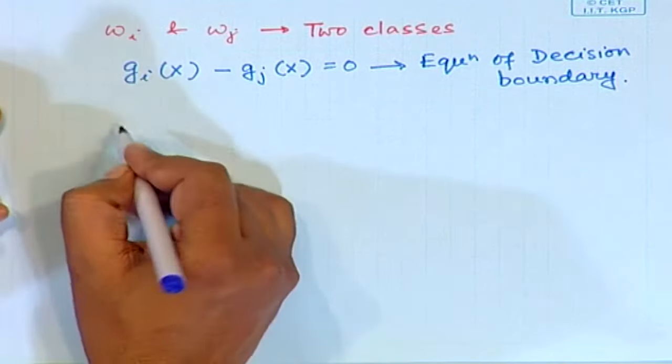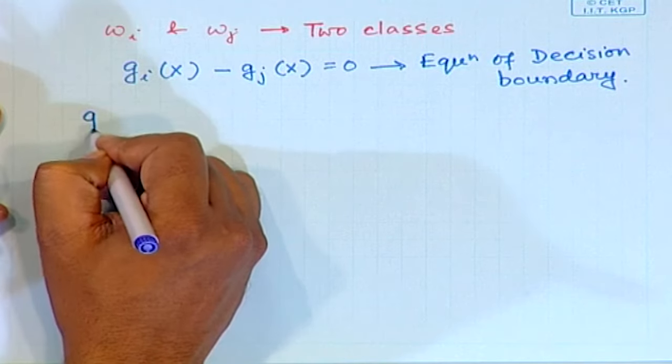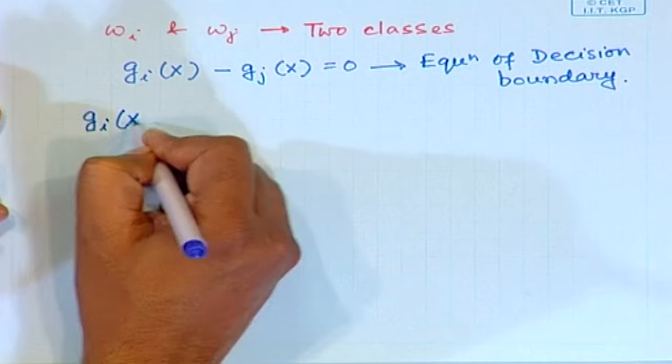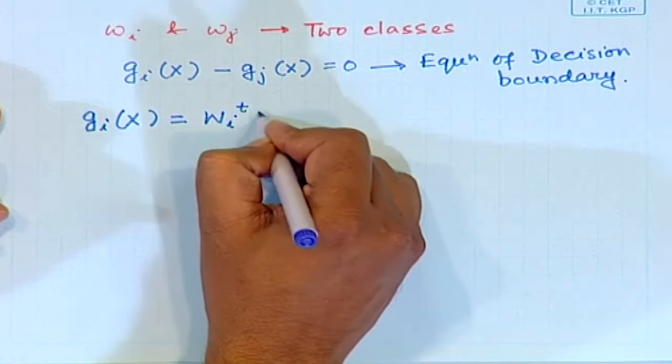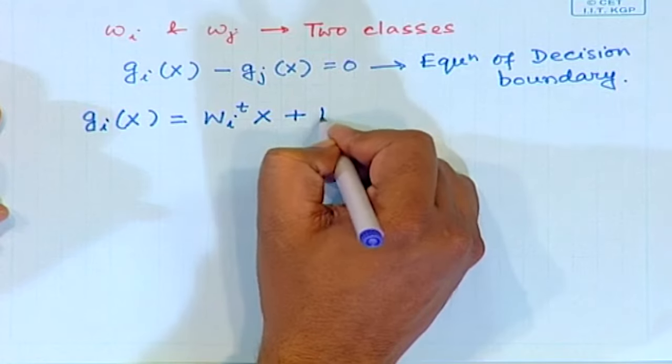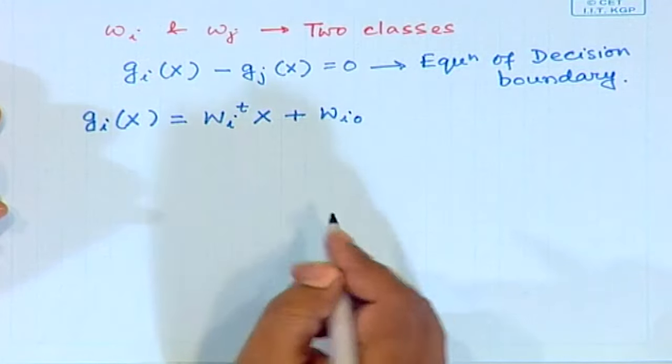And we have just seen that Gi(x) is nothing but Wi transpose x, it is a linear equation, plus Wi0.